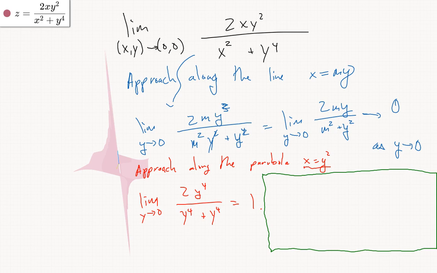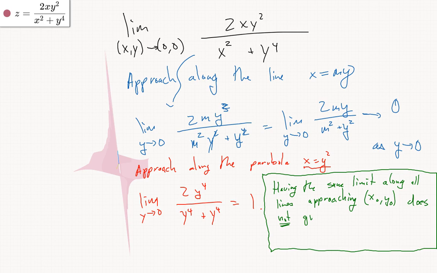But in higher dimensions, having the same limit along all lines approaching (x0, y0) does not guarantee that the limit as (x,y) goes to (x0, y0) of f(x,y) exists.